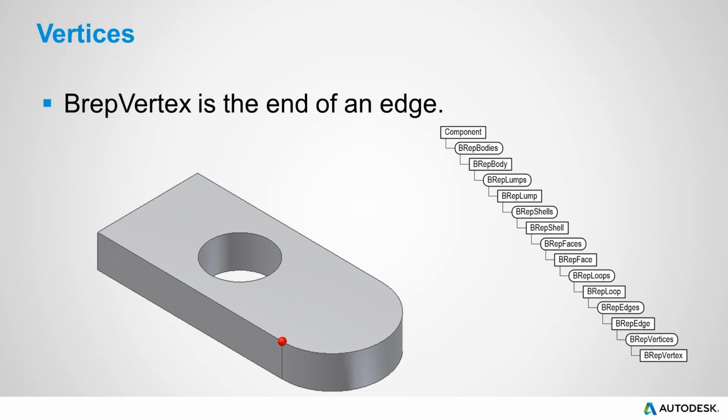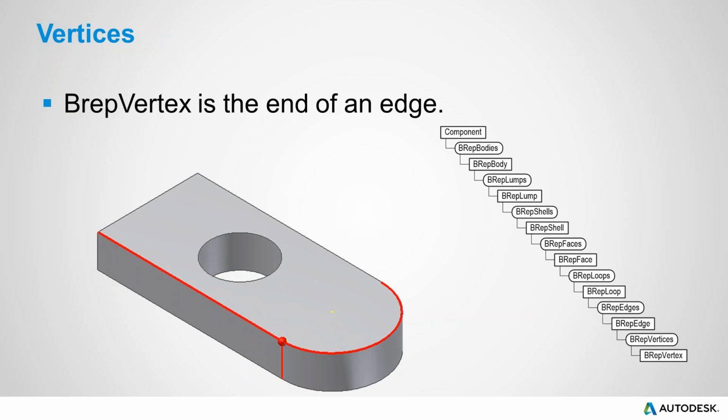In this case, these three edges that connect into that vertex all share one vertex there. That vertex gives us more of the topology of how things are connected. Edges tell me which two faces connect to that edge, and a vertex tells me which edges connect into that vertex.